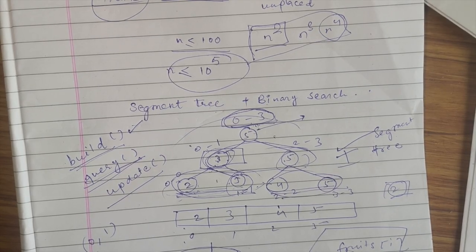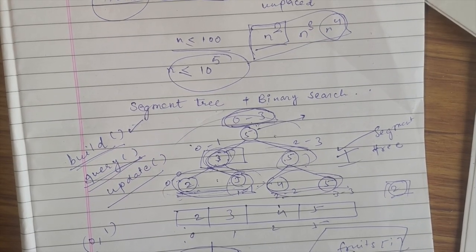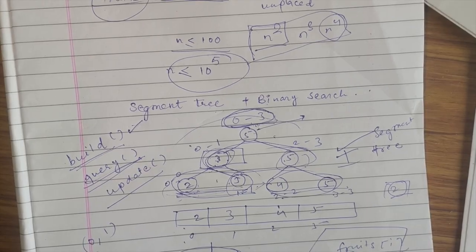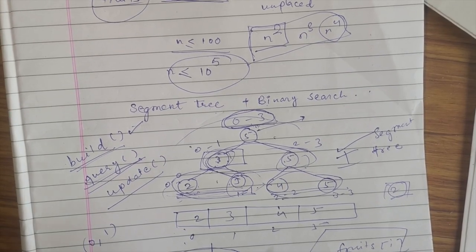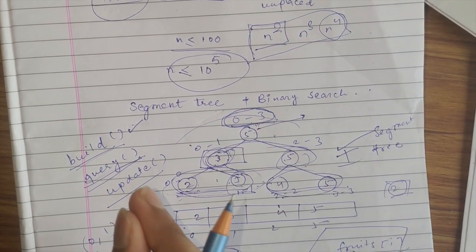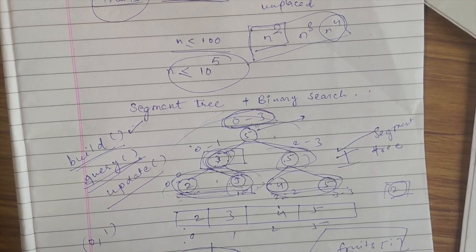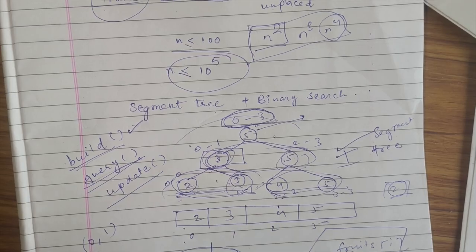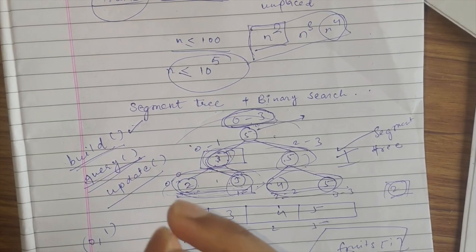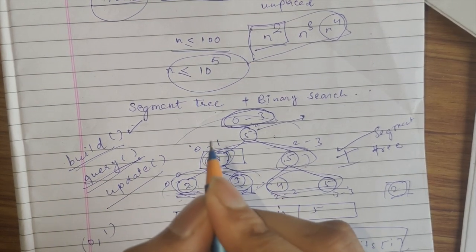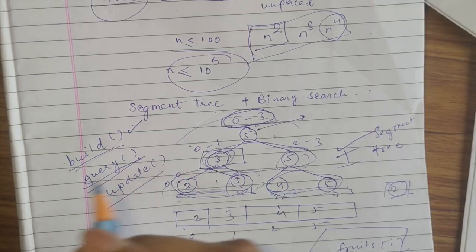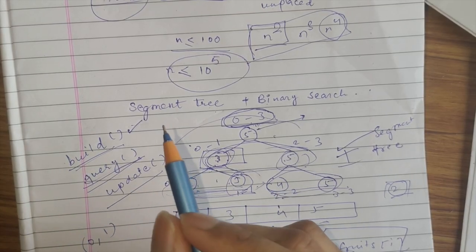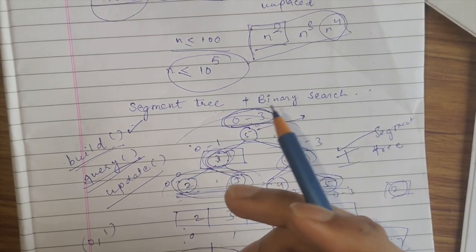In the binary search we'll go for this part and that part, and whenever we get the right basket to be placed there, we'll place that fruit, and if it can't be placed anywhere, then we'll count that fruit as unplaced, and that will be our answer. So let's go to the code part.